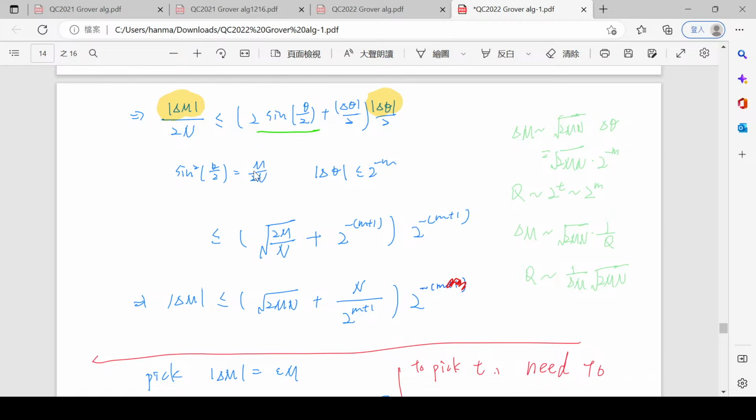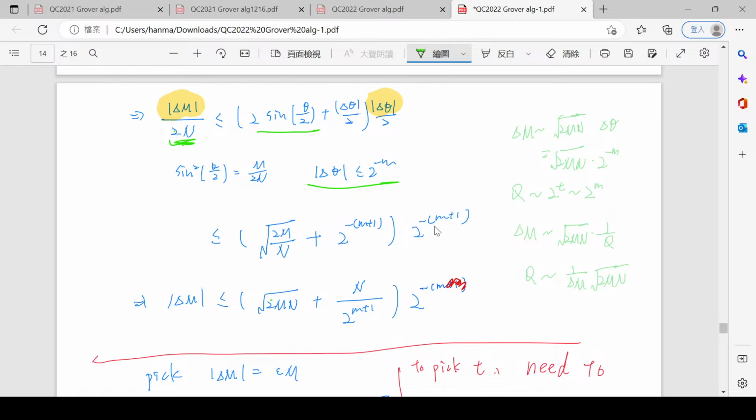So let's change sine theta over 2 to square root of n over 2m, and you have a 2 multiplied, so it's this thing. And for this term, now every delta theta, finally we can use our precision on delta. So delta theta is less than 2 to the minus m. And so this term is 2 to the minus m plus 1, and this term is 2 to the minus m plus 1. And finally, we remember we still have a 2n here, so we multiply everything with 2n.